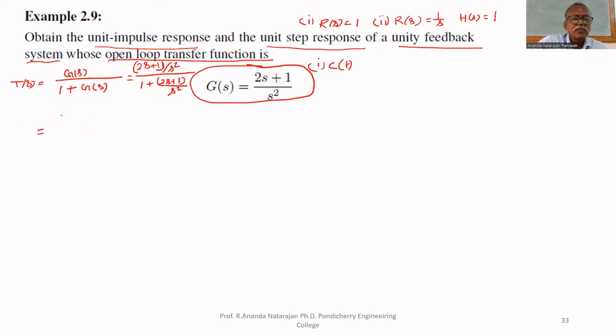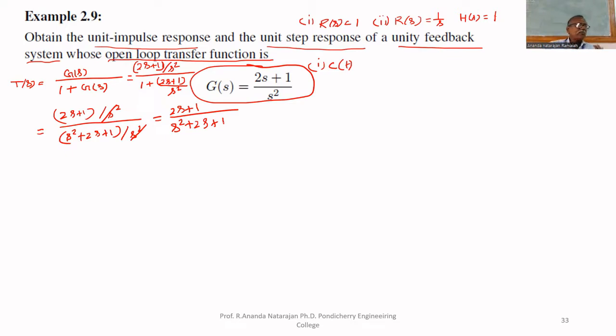So what you will get? 2S plus 1 upon S square, and S square plus 2S plus 1 upon S square. S square getting cancelled. Therefore, 2S plus 1 upon S square plus 2S plus 1.